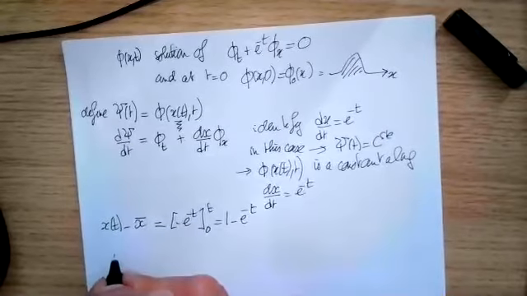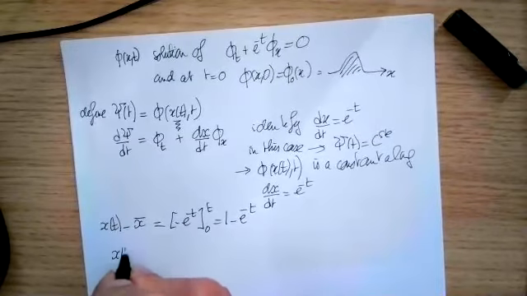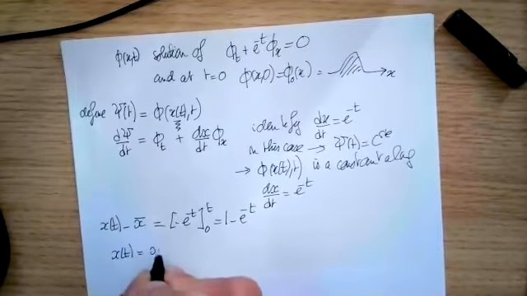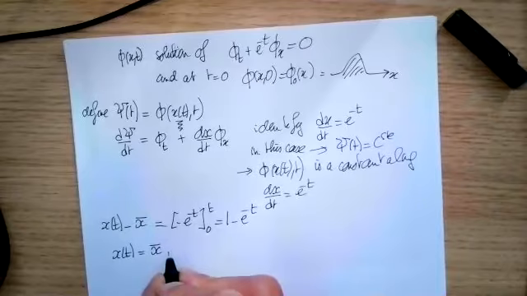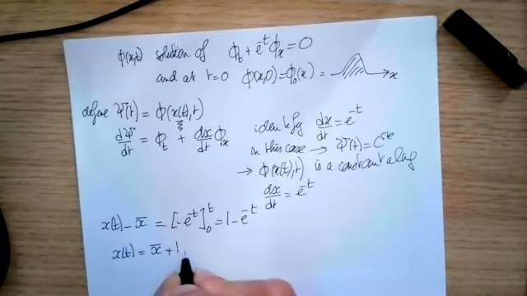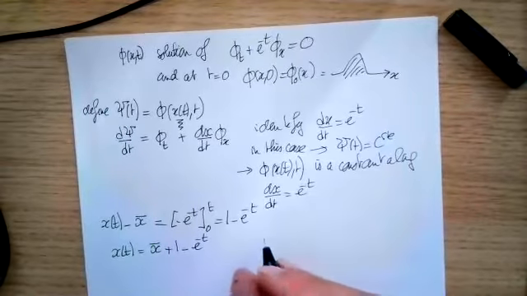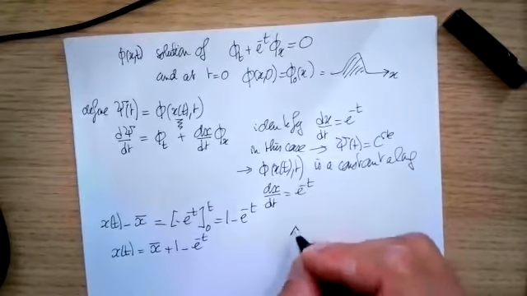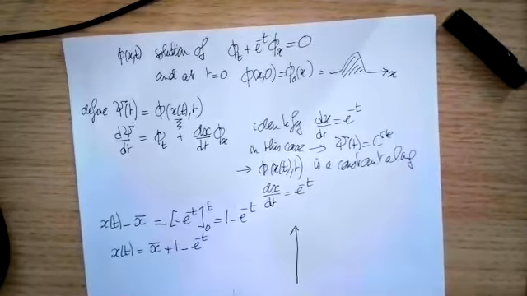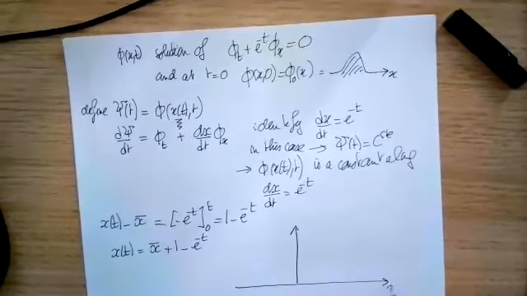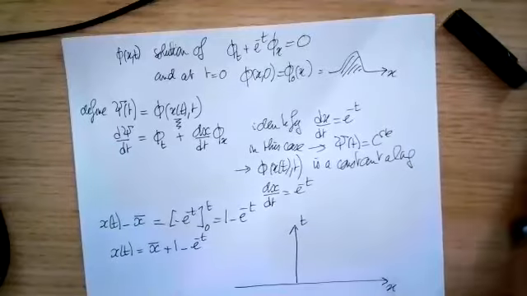It means the characteristics equation are of the form x(t) equals x bar plus 1 minus exponential minus t. So they are easily drawn in the x,t plane.